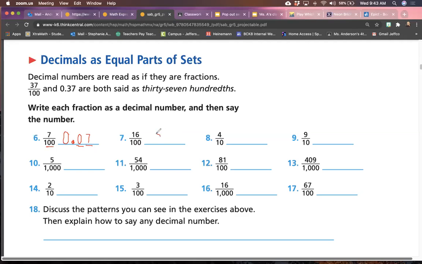Let's hear from Miss Maddie. So Maddie, if I was working here, I have 16/100ths. Where would that go after my decimal? I couldn't hear you very well.